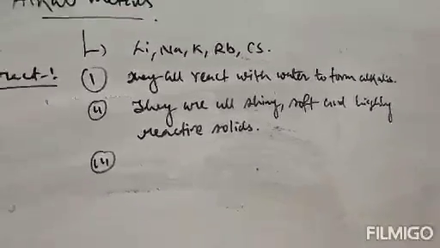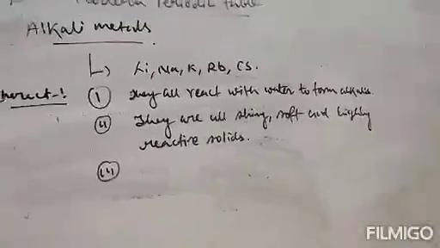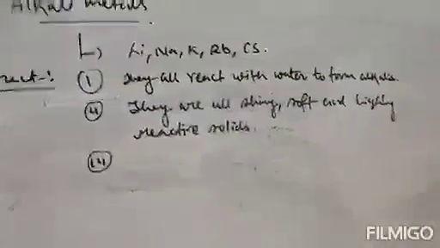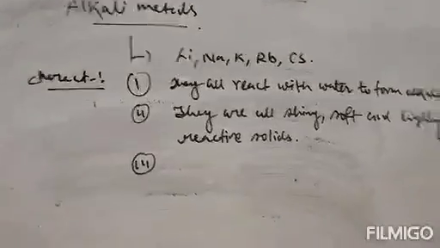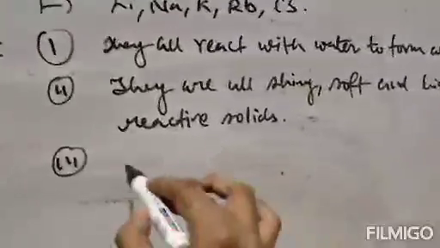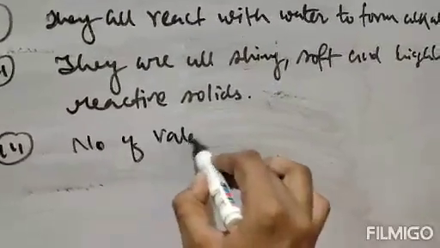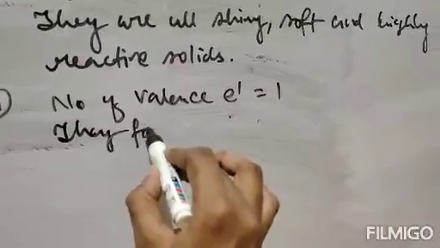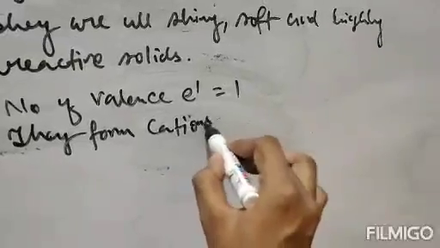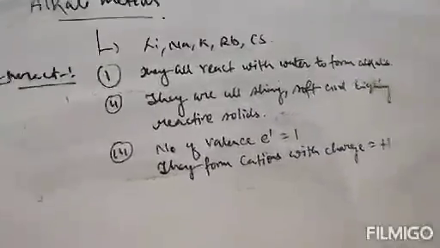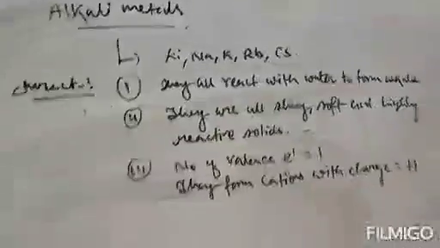Like every element, they also have valence electrons, but the number of valence electrons will be 1, and they form cations with a charge of plus 1. As they contain only one valence electron, the charge produced by them will be plus 1. That is the characteristics of alkali metals. So 5 alkali metals are there.